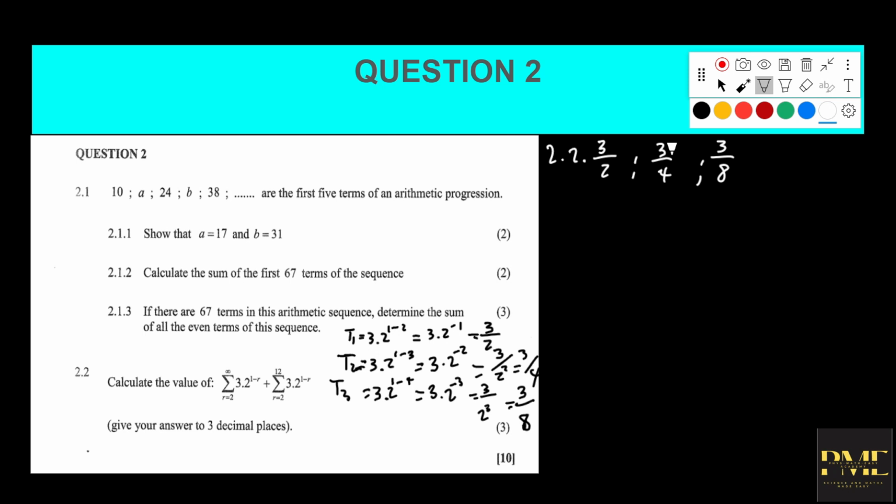Now from this we can work out and see what type of sequence this is, and what type of sequence the other one is, because it is the same as this one. So once we find this one, we will also know the other one. Okay. The reason we find the type of sequence is because we want to choose the right formula for the sum, because you can either go for arithmetic or go for geometric.